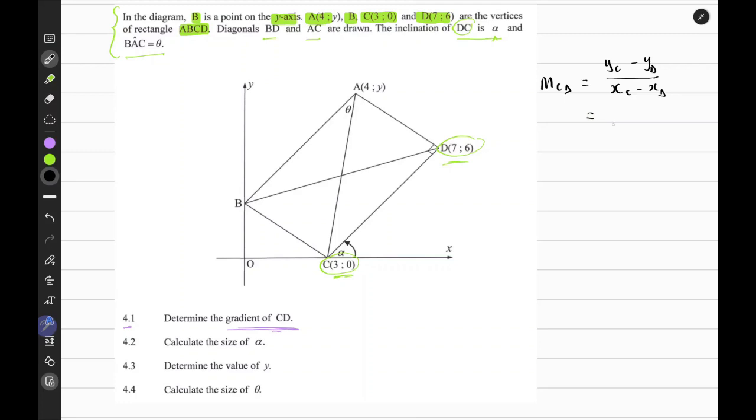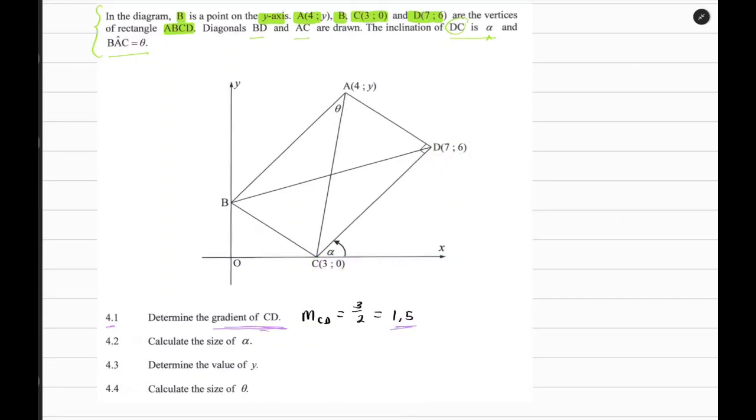So yC 0 minus yD 6, all over xC, that is 3, minus 7. So this is negative 6 over negative 4, and this is 3 over 2, or as a decimal number, that is 1,5.